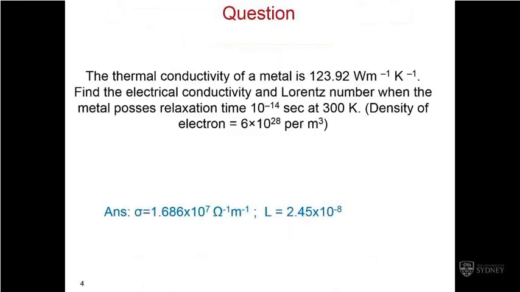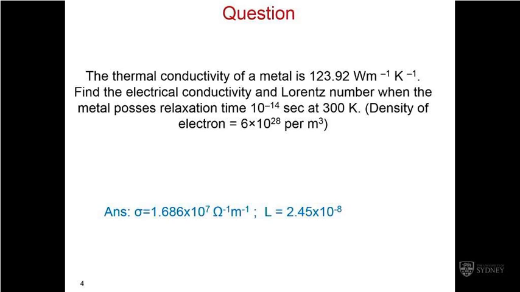Just an exercise for you to do at home, just to get yourselves used to the equations that we've looked at so far. So here's the thermal conductivity of a metal is given to you. The thermal conductivity, remember that was kappa, and we had an expression for that. Find the electrical conductivity, sigma, remember, and the Lorentz number, big L, when you are given the relaxation time, tau, of 10 to the minus 14 seconds and temperature of 300.